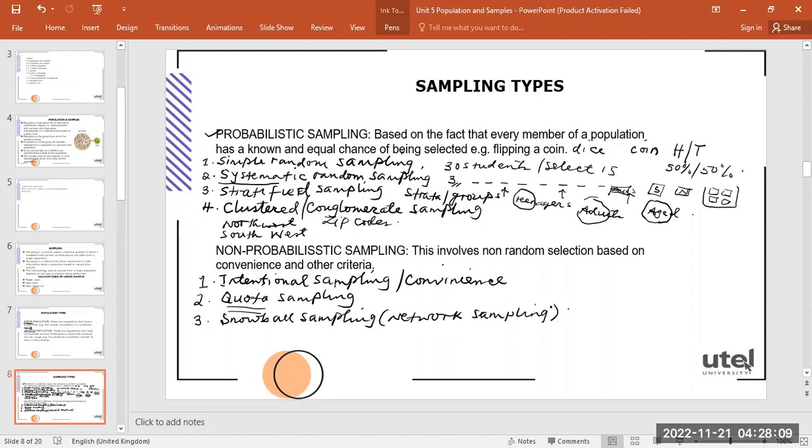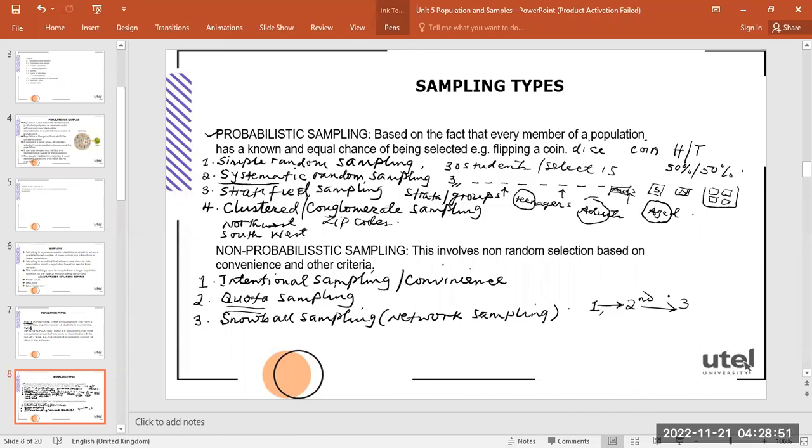In this type of sampling, usually you start by picking one sample in the population, and then you ask that particular sample to refer you to the next sample to be questioned. Then the second also refers you to the third, and so on and so forth. That is why it is known as network sampling.